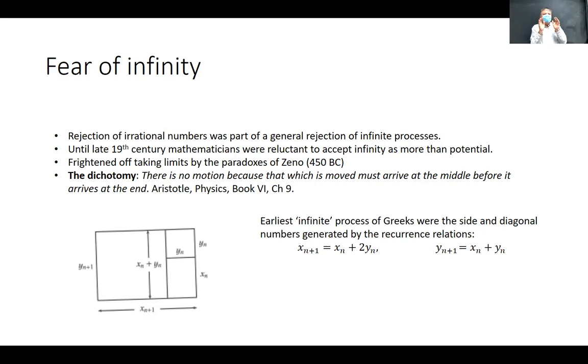Now the trouble is we don't have any of the works of Zeno, so we don't really know what he said. The only reason we know Zeno's paradoxes is because Aristotle talks about them. And Aristotle is an enemy of Zeno.